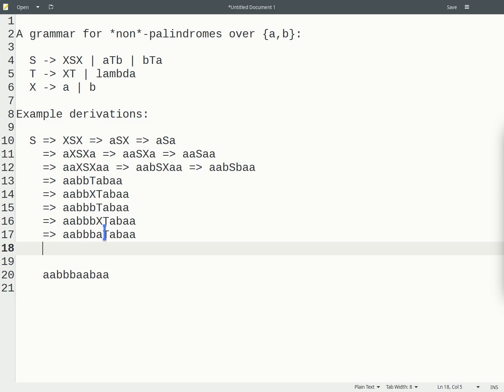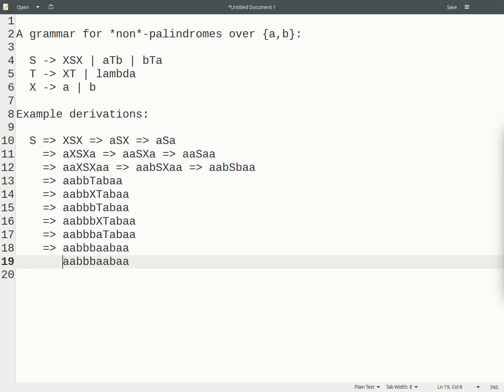And now we replace the T by lambda, and we are done. So if I take this word and replace the T by lambda, then hopefully we have exactly the word that we were intending to derive. Okay, so indeed, using this grammar, we can derive any non-palindrome over the alphabet AB.